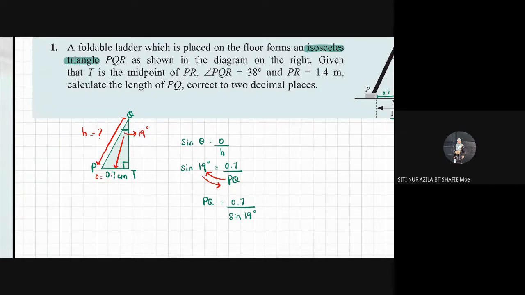What's the answer for PQ? 0.7 divided by sin 19. Anyone?